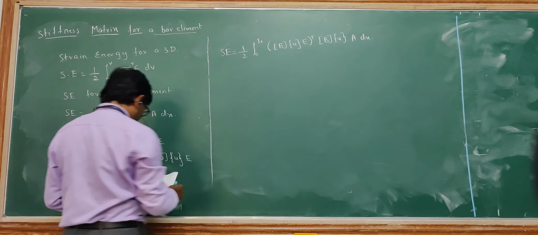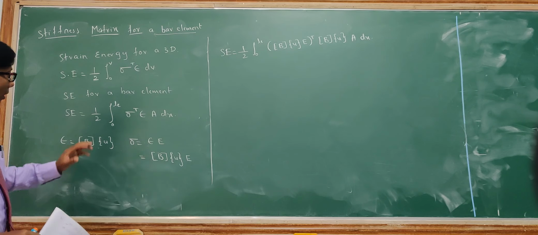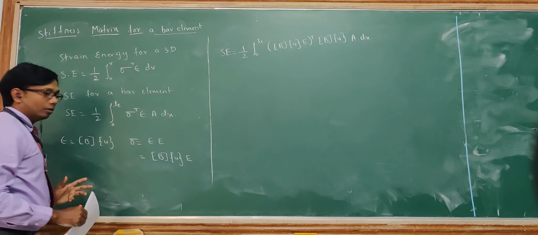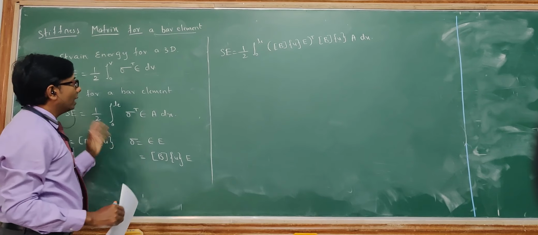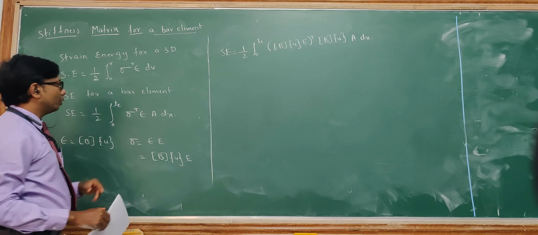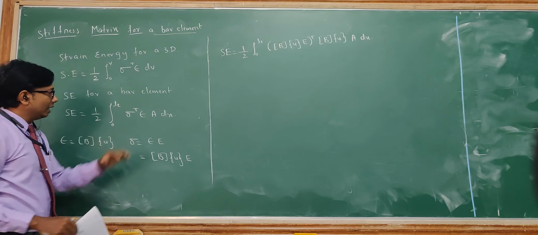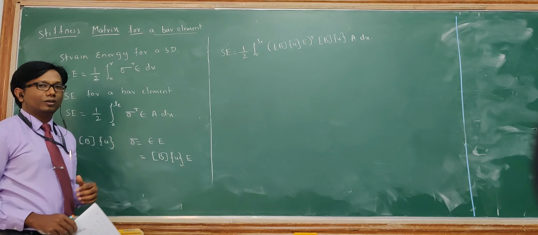Whenever we are trying to solve any stiffness matrix equation, it is better to convert what is written in the global coordinate system, dx, into the natural coordinate system.